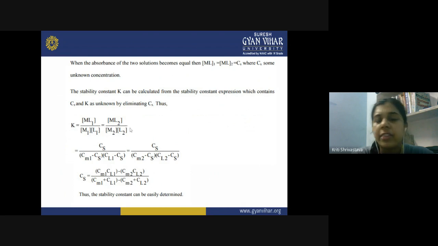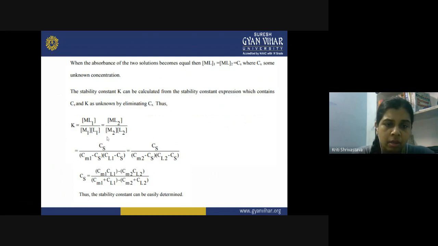For both of the solutions, we can write down this expression, which is the concentration of product upon the concentration of the reactants. We know that Ml1 and Ml2 are Cs and Cs, and now we will put all the values here. M1 will be Cm1 minus Cs, and L1 will be Cl1 minus Cs, and similarly we will replace all the values here as well.